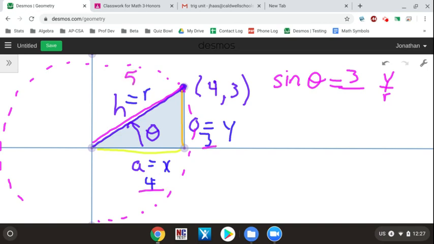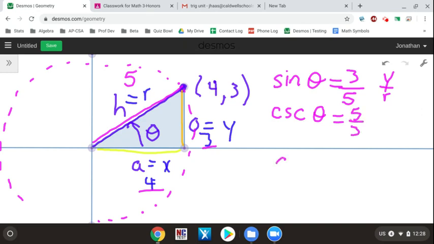Pythagorean theorem could confirm that, but it's a 3, 4, 5 right triangle ratio, so my r value is 5. So I have 3/5 for my sine. If I wanted the reciprocal that goes with sine, since sine starts with an s, I need the one that doesn't start with an s. Cosecant would be the reciprocal of sine, 5/3.